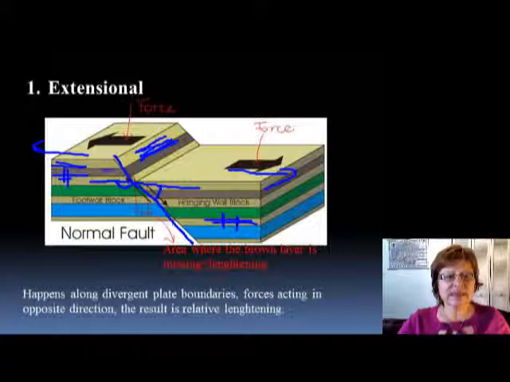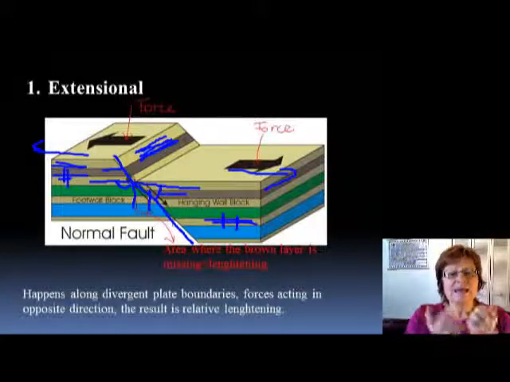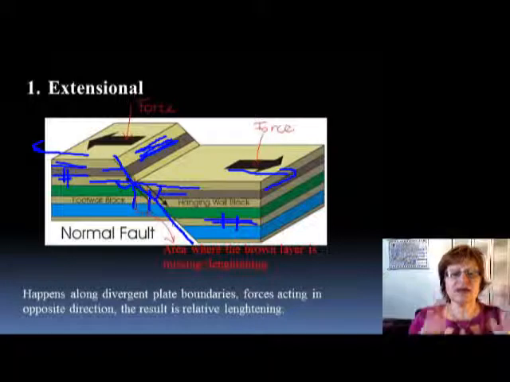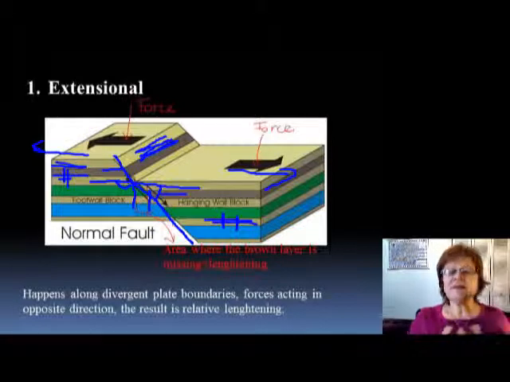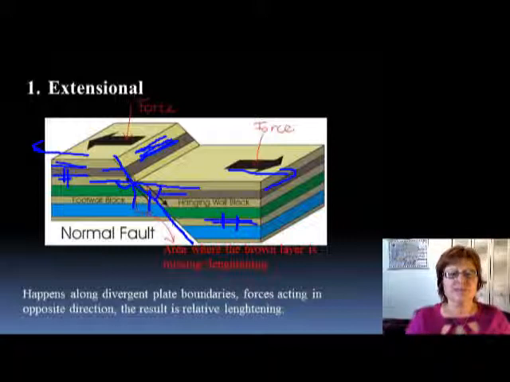Like here is this brown layer, you see right here, and on the other side there is this little area where that brown layer actually is missing. And that is the length of the relative lengthening in this situation. So if you see a missing layer, even without being able to tell which one is footwall and which one is hanging wall, you know that that's an extensional plate tectonic setting.